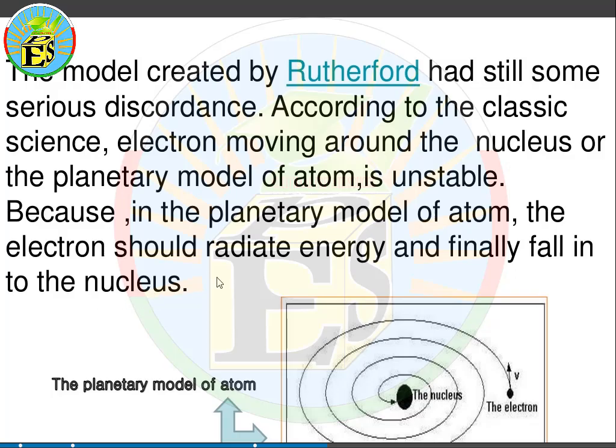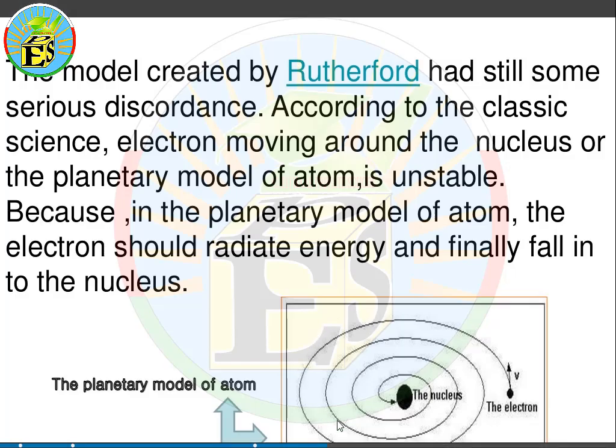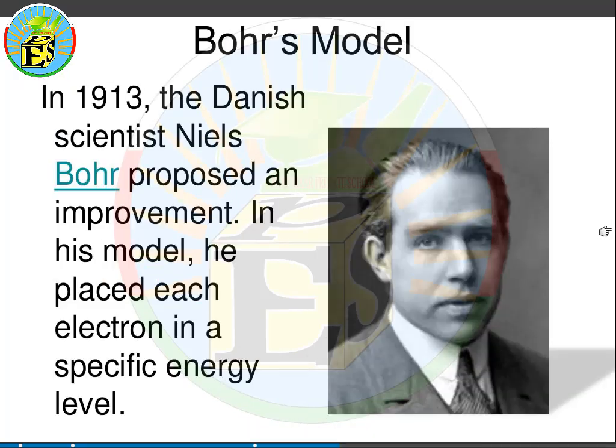It means the atoms give out radiation. How can electrons give out radiation if they move in the same shell or have the same path around the nucleus? If the electrons continuously emit energy, they will take a path to fall inside the nucleus, and this is not right.